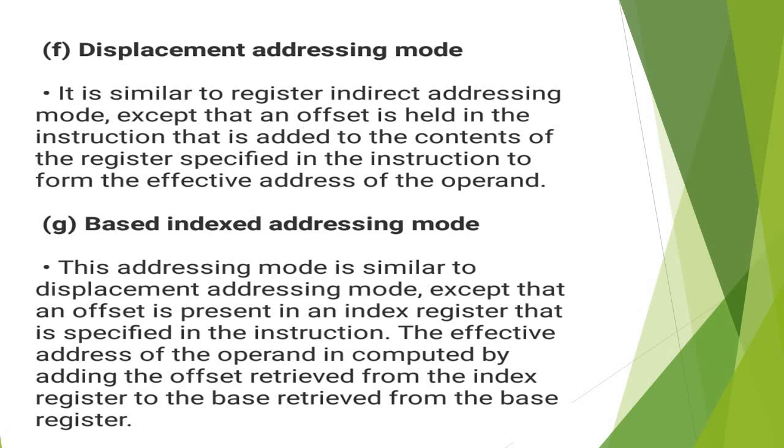Base index addressing mode: this addressing mode is similar to displacement addressing mode except that an offset is present in the index register that is specified in the instruction. The effective address of the operand is computed by adding the offset retrieved from the index register to the base retrieved from the base register.